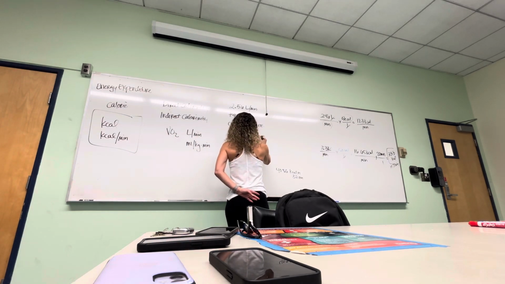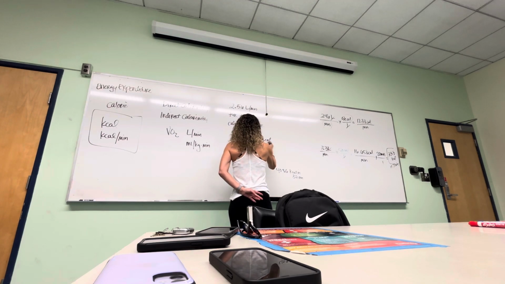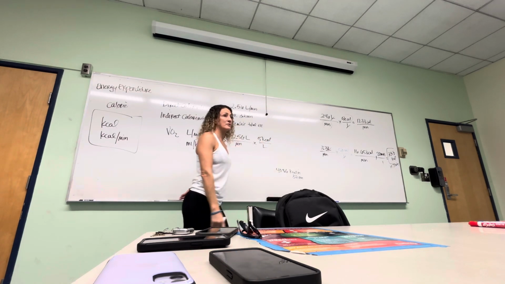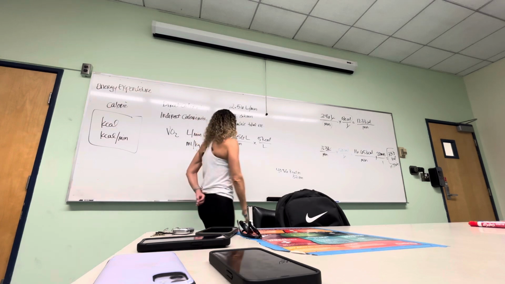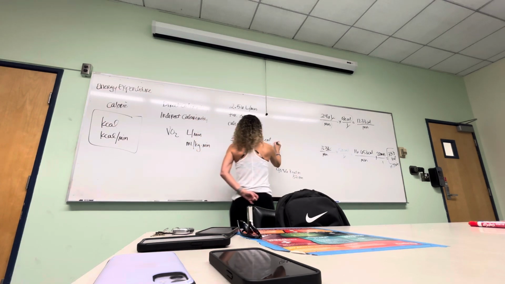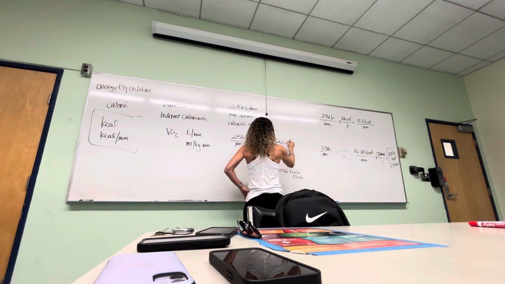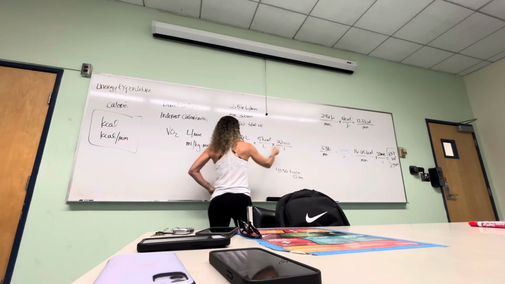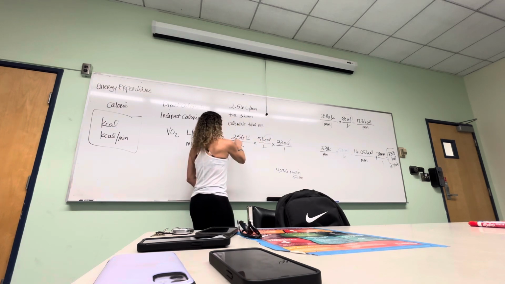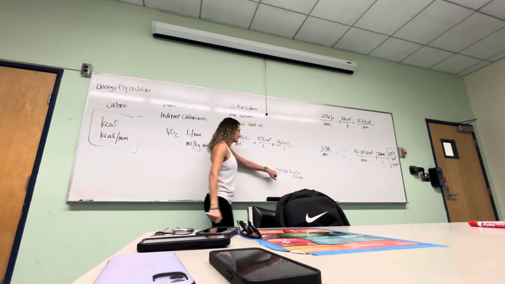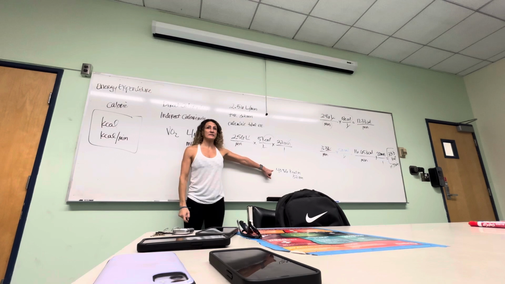Okay, this is going to be using my caloric equivalent to convert it into calories per minute. And then I've got to multiply by 32 minutes. Minutes cancel out. Liters cancel out. I'm left with calories. 2.56 times 5 times 32 should give you 409.6. Any questions?